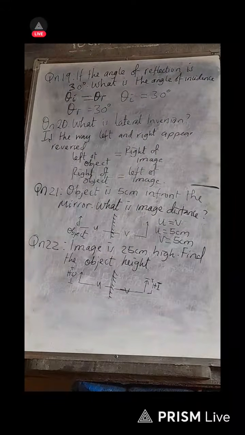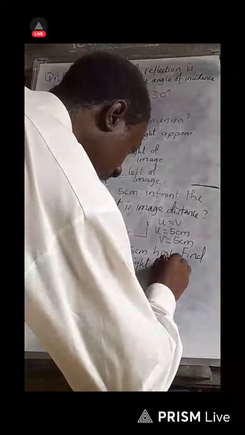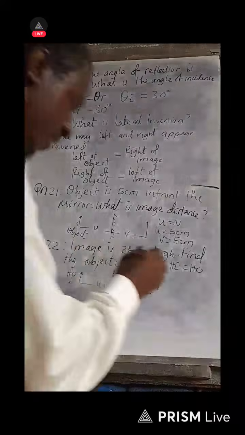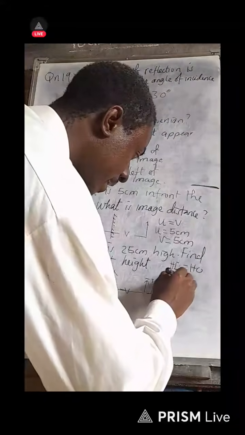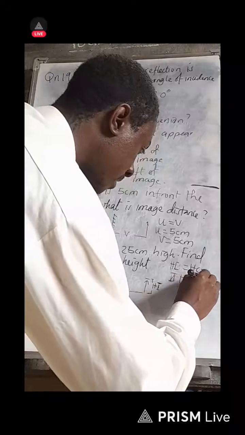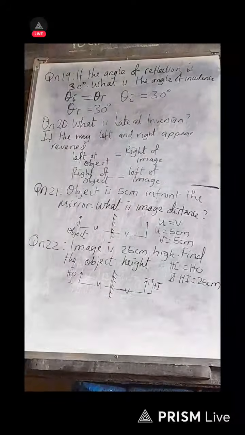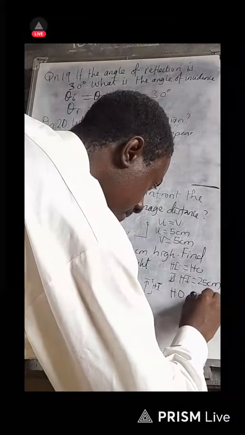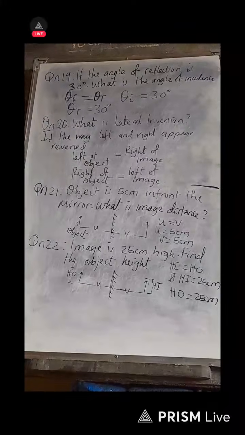Normally, under the concept of reflection of light, object size is always equal to the image size. This means image height equals object height. So if the image height is 25 centimeter, the object height will also be equal to 25 centimeter.